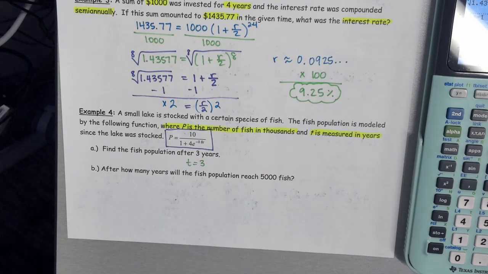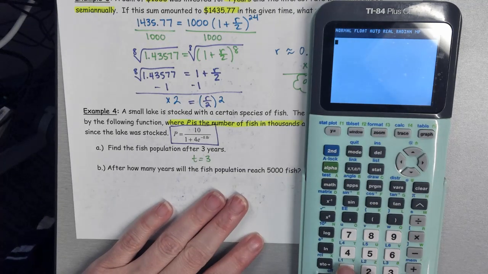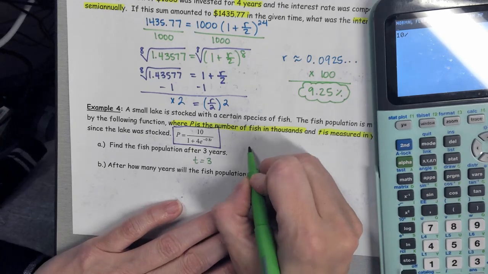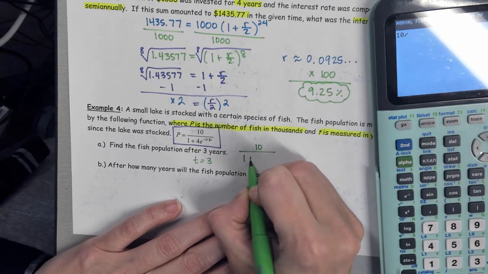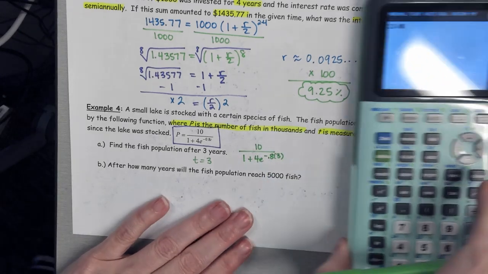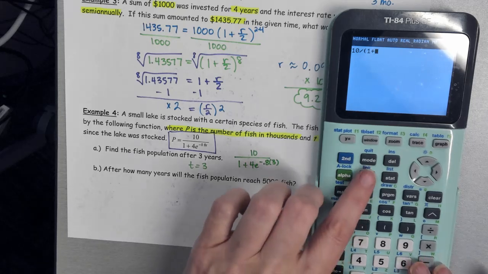Okay, and you can do that right in your calculator. So 10 divided by, and then again, you're going to want to keep that in your denominator.